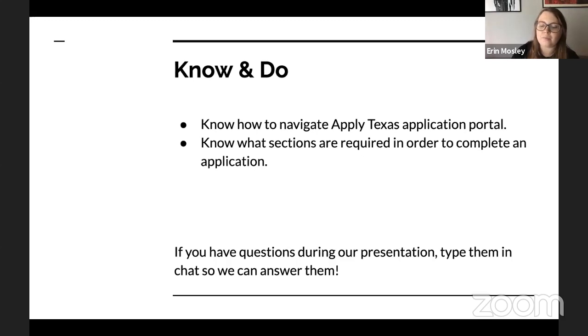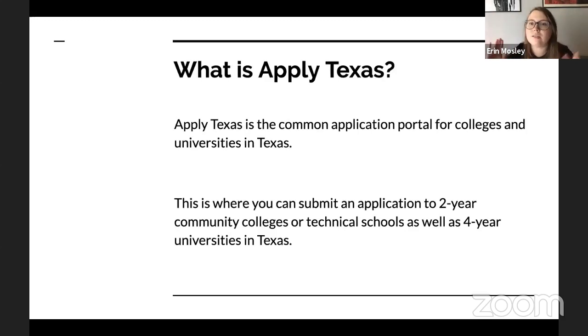Okay, so for this webinar, we are going to be using Apply Texas. Apply Texas is the primary application portal for colleges and universities in Texas. Both private and public schools use it, anywhere from 2-year to 4-year schools. If it's in Texas, more than likely it's going to be on Apply Texas.